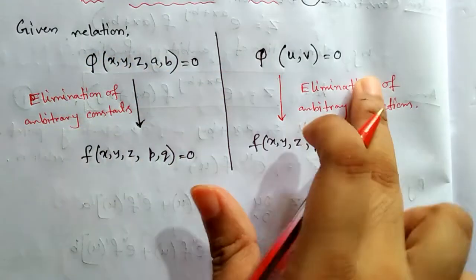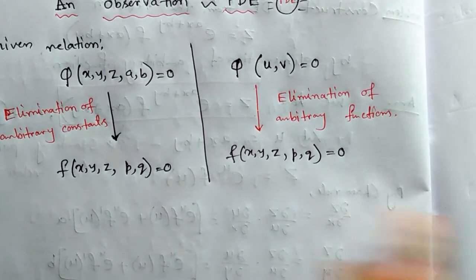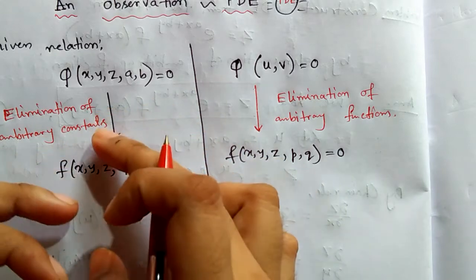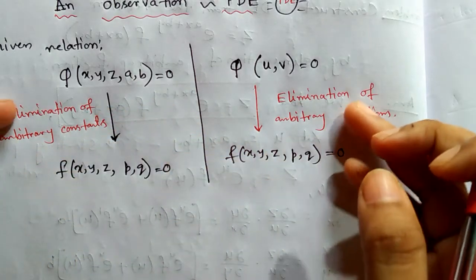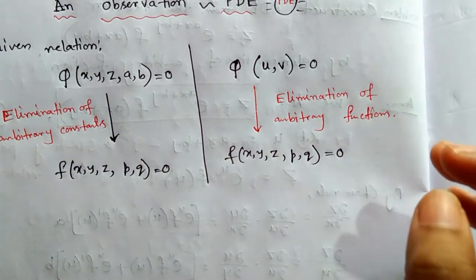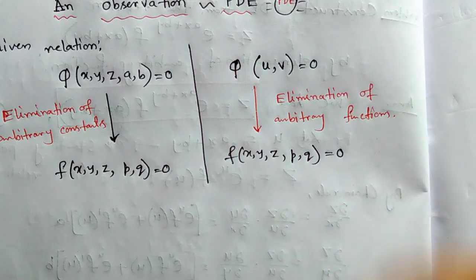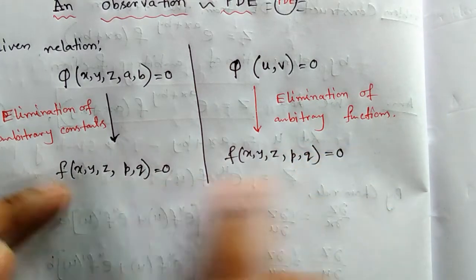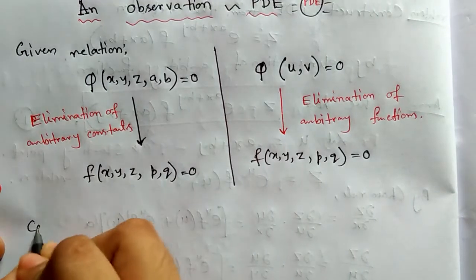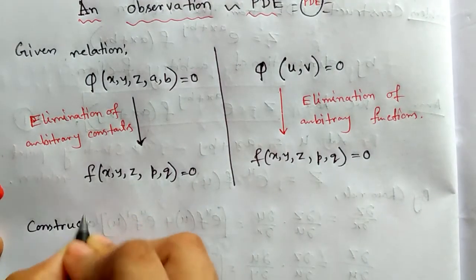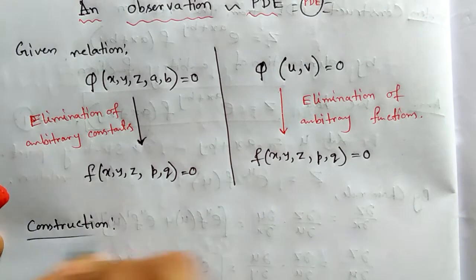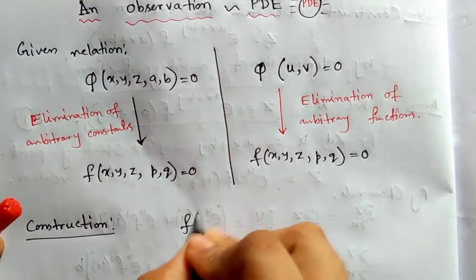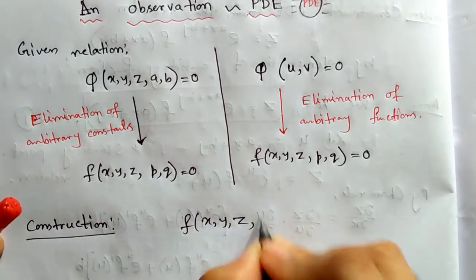Okay, so this is our given relation, and by using these two processes, we can construct this PDE f of x, y, z, p, q.